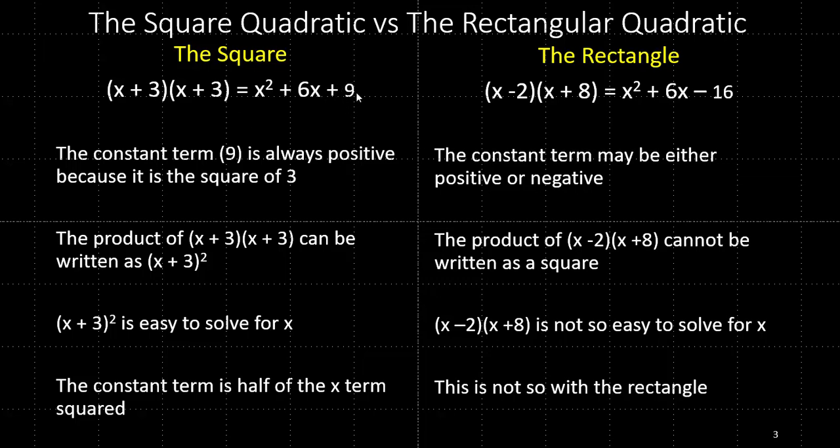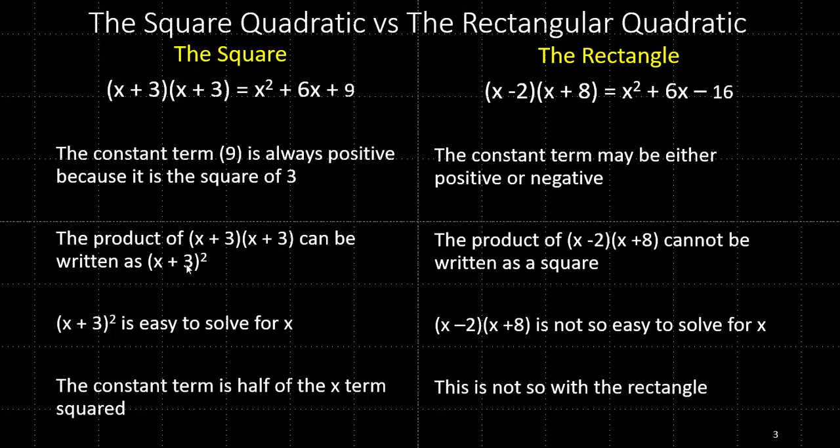This constant term will always be positive whenever you have a squared quadratic equation. The rectangular quadratic equation, on the other hand, the constant term, which is minus 16 in this case, can either be positive or negative.